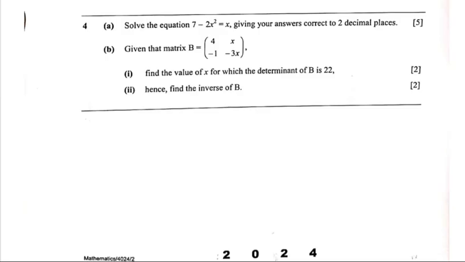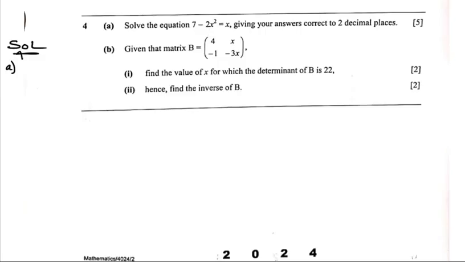So to start with this question, for the solution, we're going to have the following. On A, the equation given is 7 minus 2x squared equal to x. So we need to put this equation in the form ax squared plus bx plus c equal to 0 for us to get the values of a, b, and c.